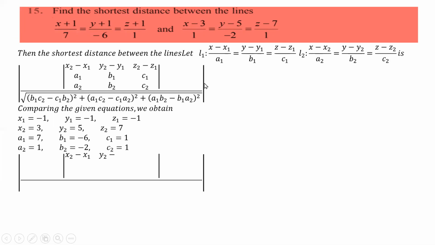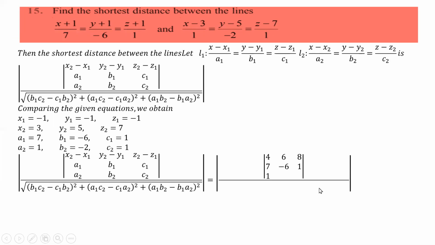So write down the values x2 minus x1, y2 minus y1, then z2 minus z1 and this a1, b1, c1, a2, b2, c2 in this formula and find the shortest distance between these two given lines.